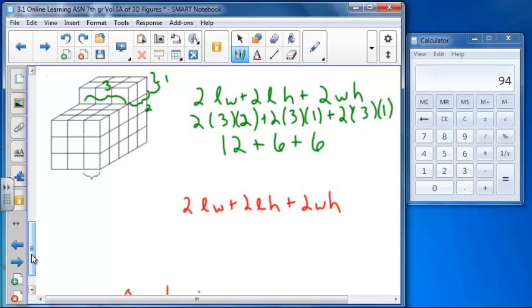The surface area of the top is 24. We'll talk about the overlap in a second.